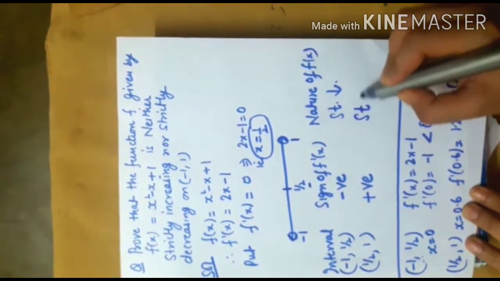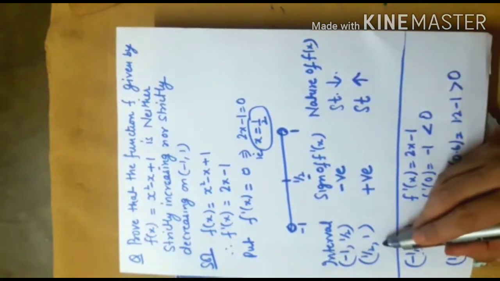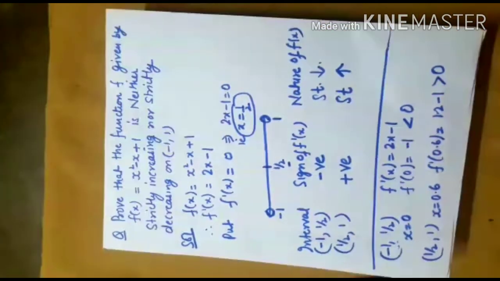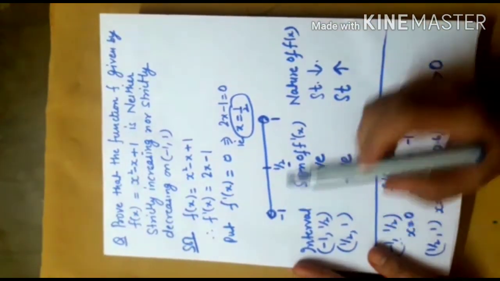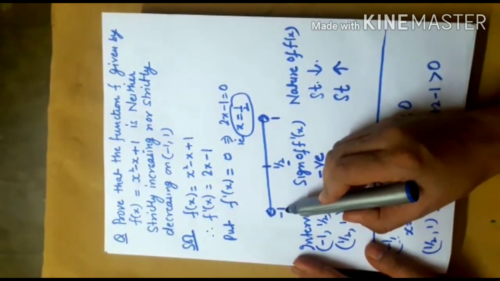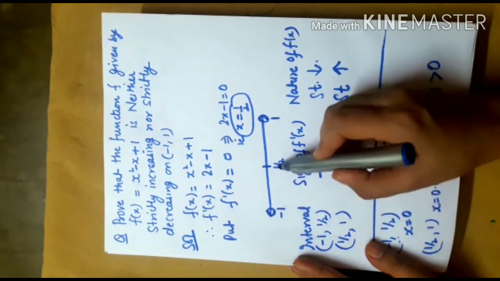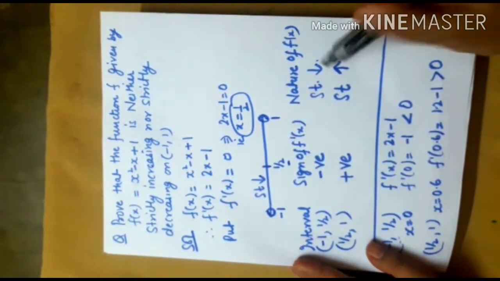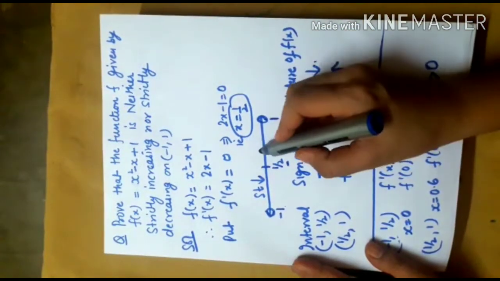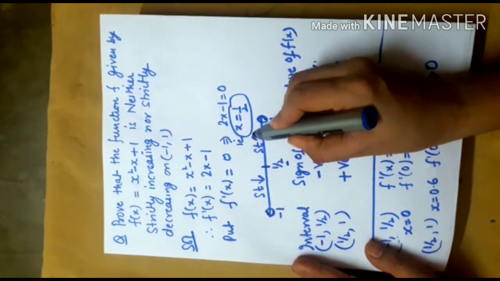So function is strictly increasing in this interval. So we have shown that in this interval, that is from minus 1 to 1 by 2, function is strictly decreasing, and in this part the function is strictly increasing. Right?